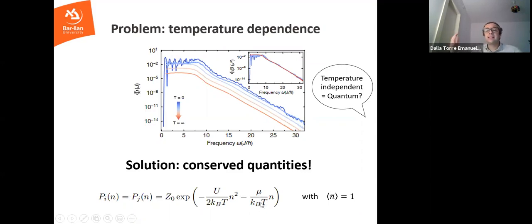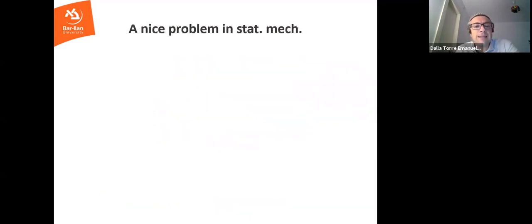So when T increases, mu should increase as well. And this allows us, even although the temperature increases, mu increases, and eventually you can still find an exponentially suppressed excitation.